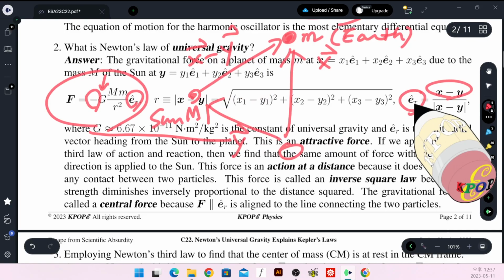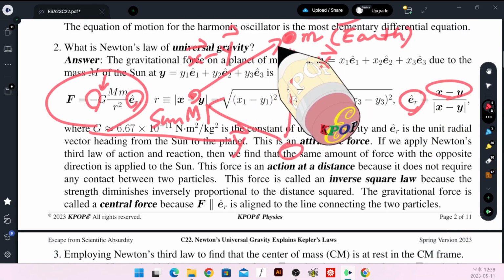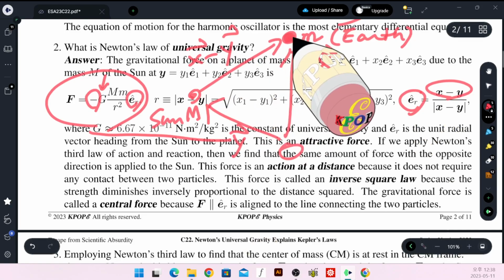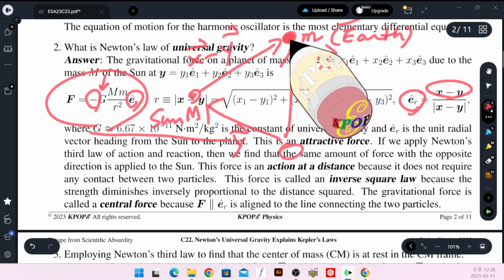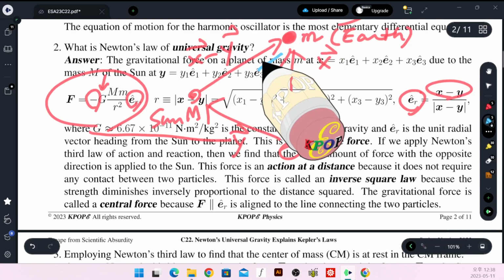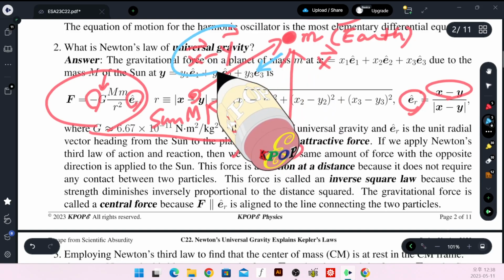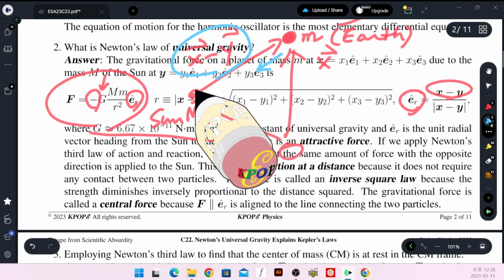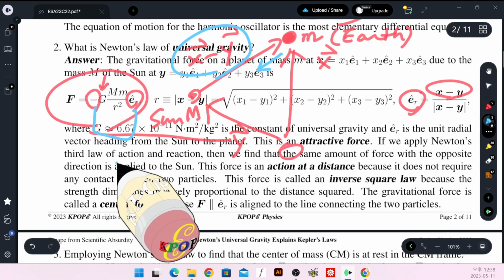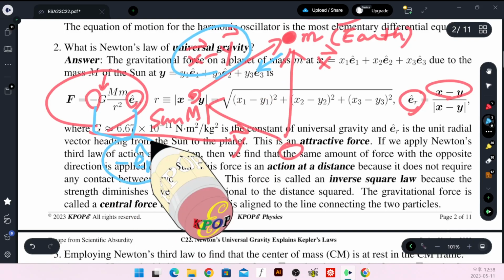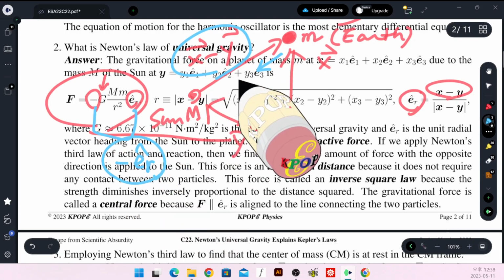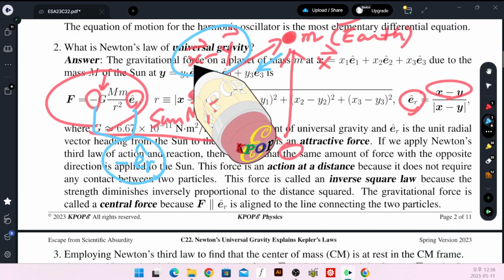ER is the unit vector along this vector, so the gravitational force applied to this particle of small m is opposite to x minus y. Therefore, we have a negative sign in front of ER hat. ER hat is the unit vector along x minus y.